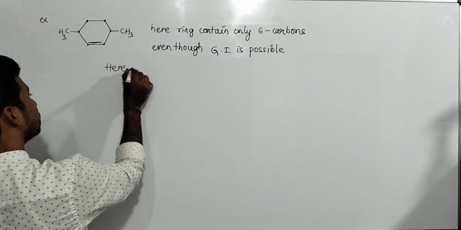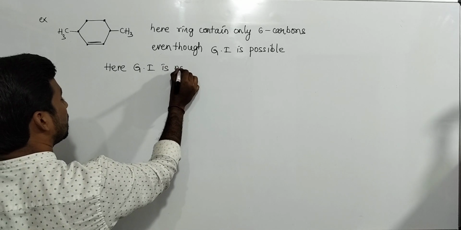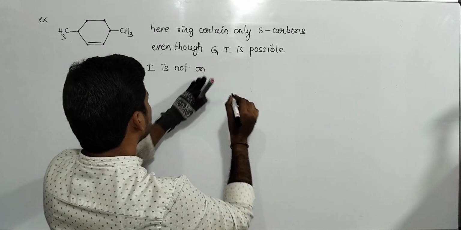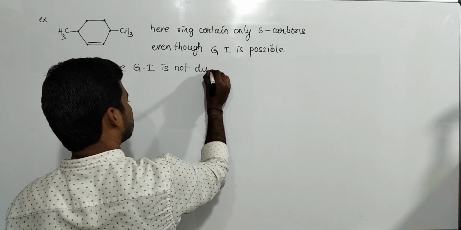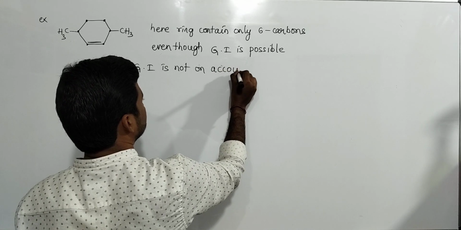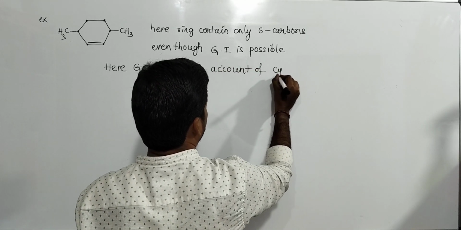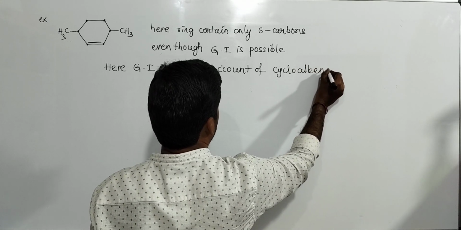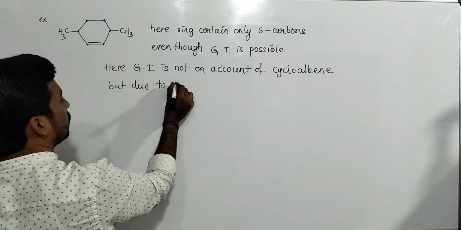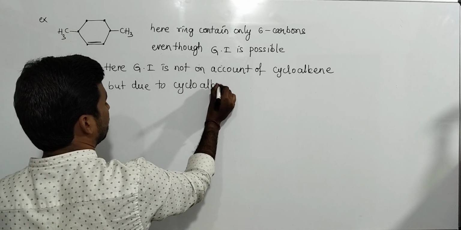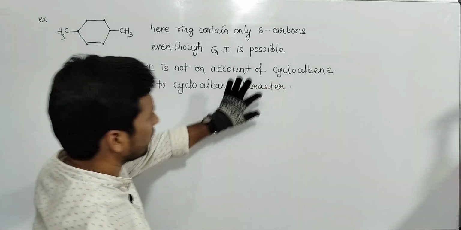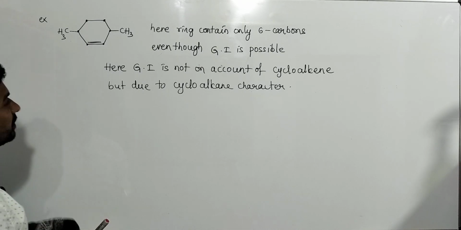Here geometrical isomerism is not on account of the cycloalkene character, but due to the cycloalkane character. Is it a cycloalkene? This is a cycloalkane. How will it become a cycloalkane?